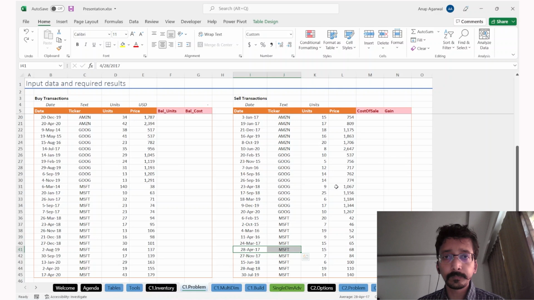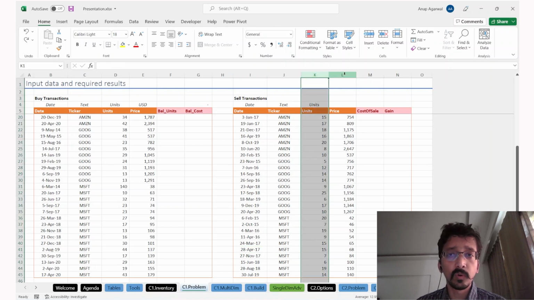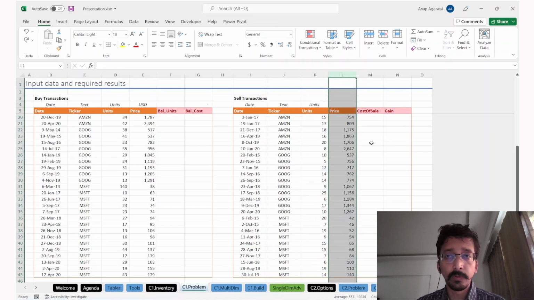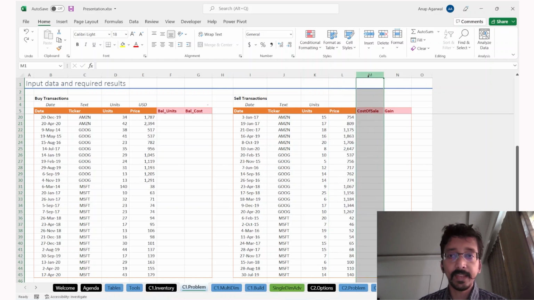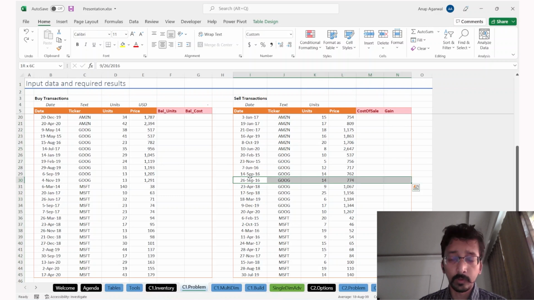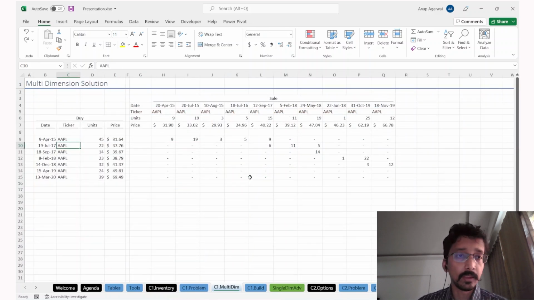And then the number of units you sold, or the price at which you sold, or what is the gain on that sale, are all characteristics of this single row in this example.